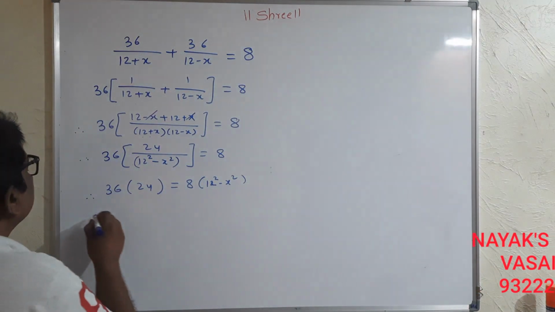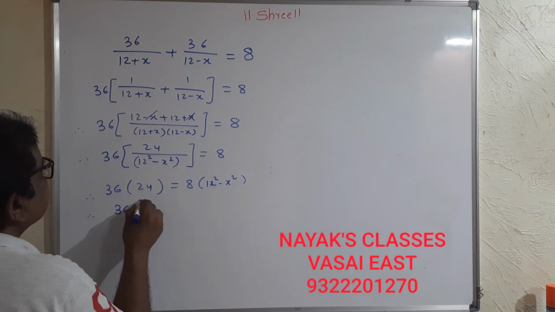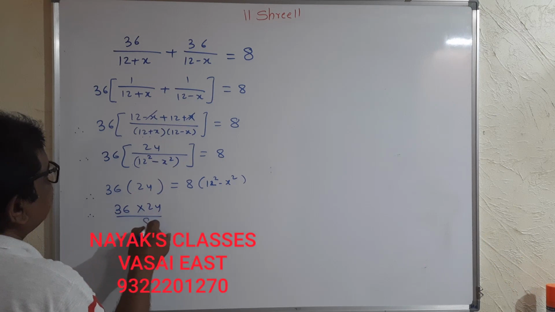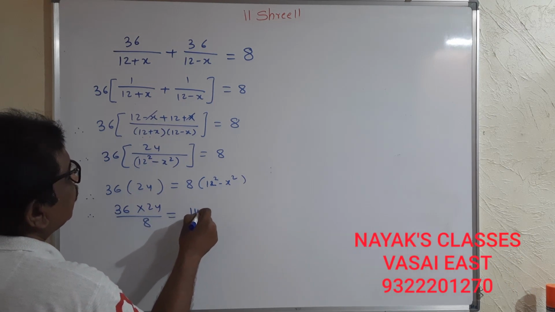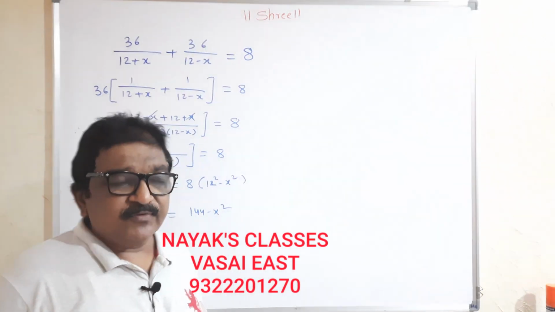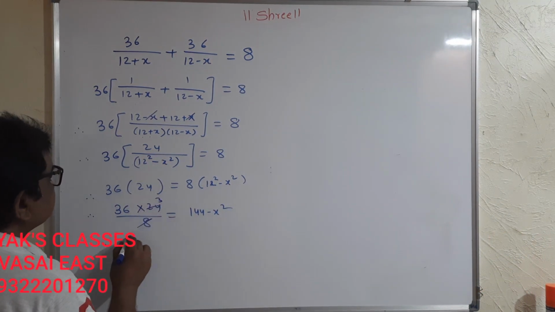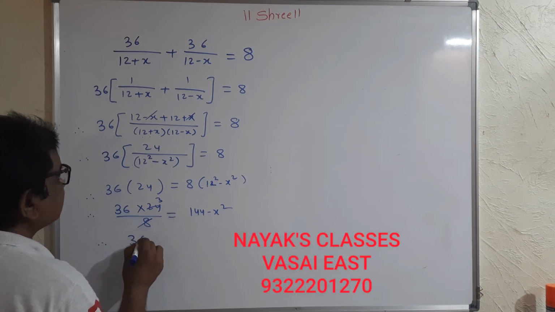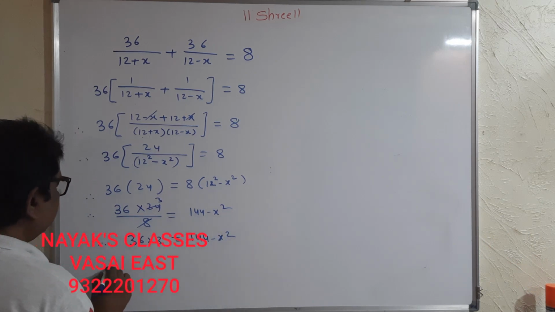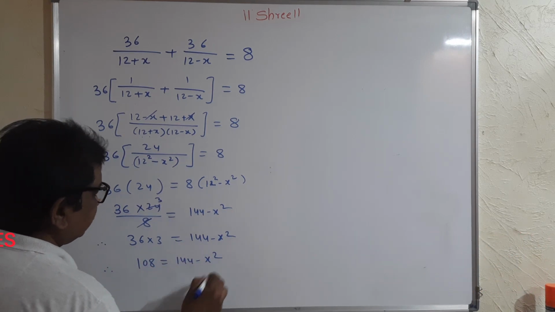Now this 8 will come this side. 36 into 24 upon 8 is equal to 144 minus x square. 12 square is 144. So 8 threes are 24. Therefore, it is 36 into 3 is equal to 144 minus x square. Therefore, 108 is equal to 144 minus x square.